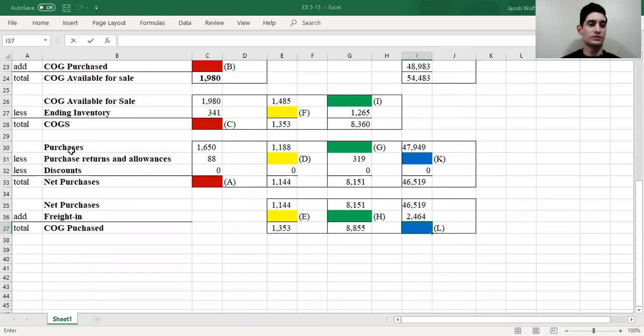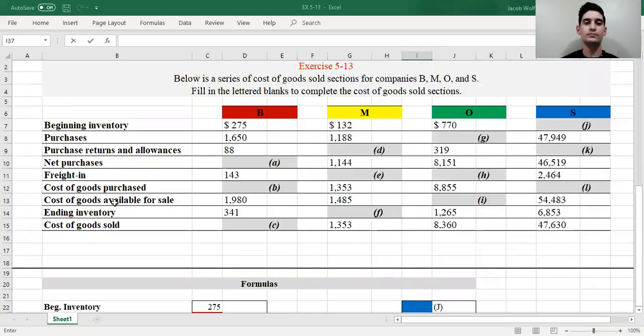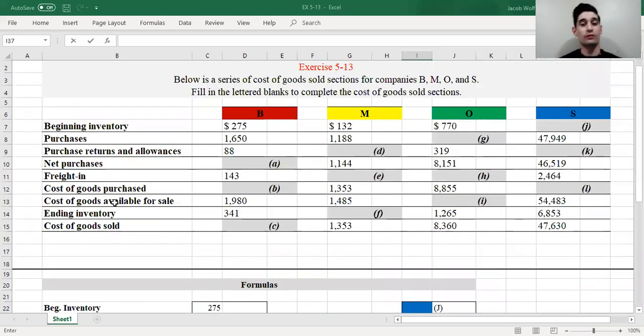There's purchases minus purchase returns and allowances, and also minus discounts, that equals net purchases. And the last formula I comprised is net purchases plus freight in equals cost of goods purchased. Those are the basic formulas that I comprised.